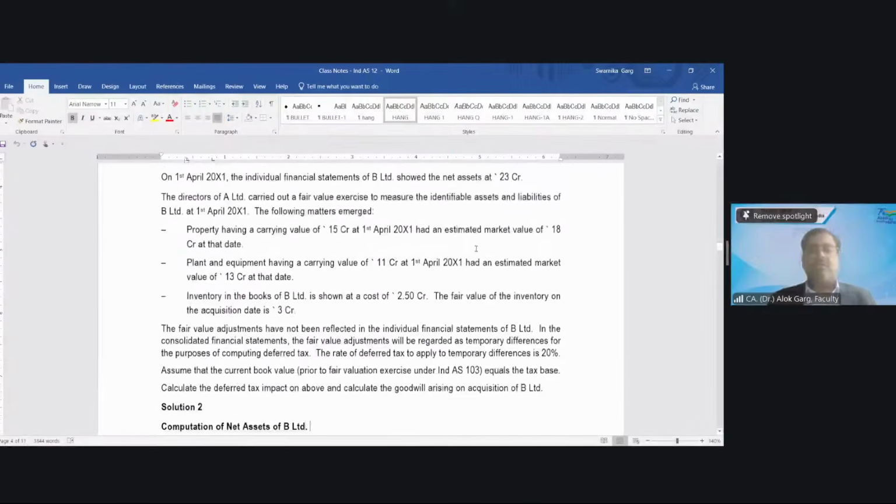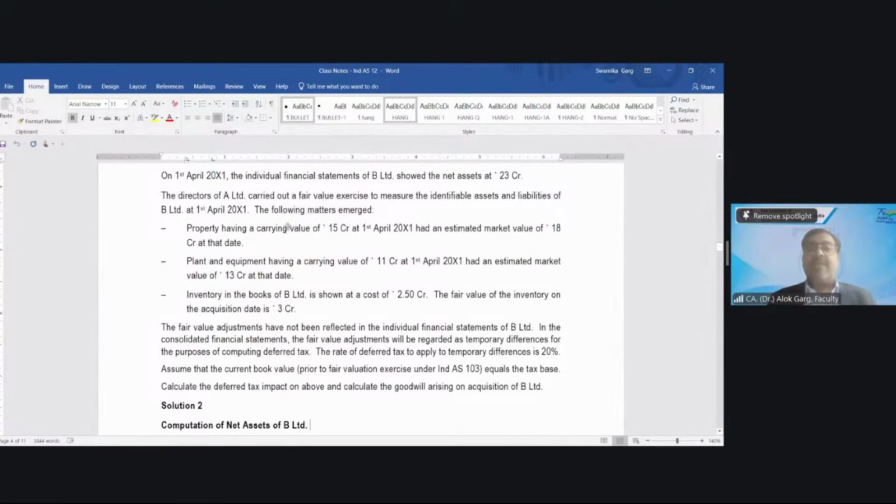Now, the directors of A Limited carried out a fair value exercise to measure the identifiable assets and liabilities of B Limited as on the acquisition date. Following matters emerged. They decided to fair value property having a carrying value of 15 crore on 1st April, which had an estimated value of 18 crore on that date.